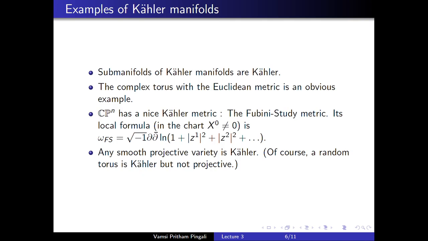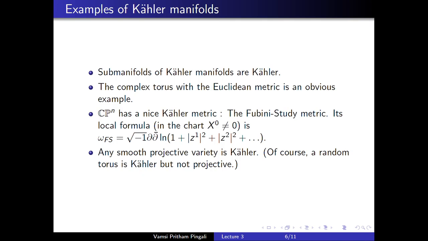CP^n is diffeomorphic to S^(2n+1) quotiented out by S^1. So it's a quotient of a sphere. The sphere already has a very nice metric. It turns out that metric survives the quotient operation and gives you a Riemannian metric on CP^n. That Riemannian metric, up to a factor, is simply the Fubini-Study metric.